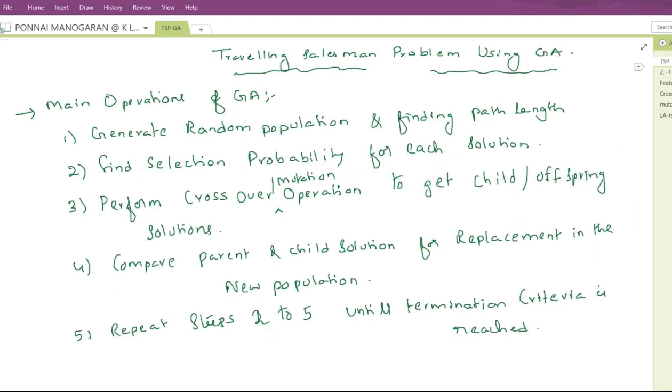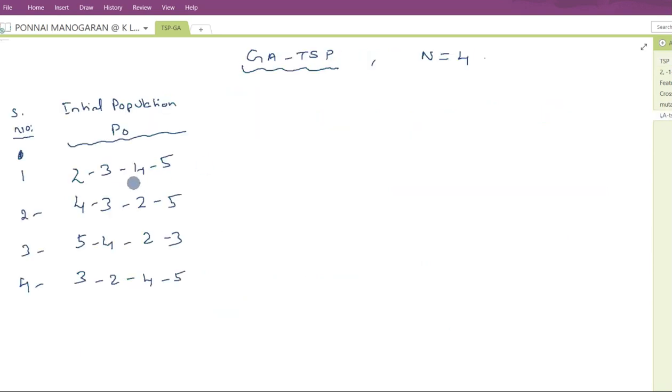Evaluate the population. Okay, that is finding the path length, or you can say the fitness value, whatever it is. So the fitness value for each path is the sum of lengths from the source through all the paths.